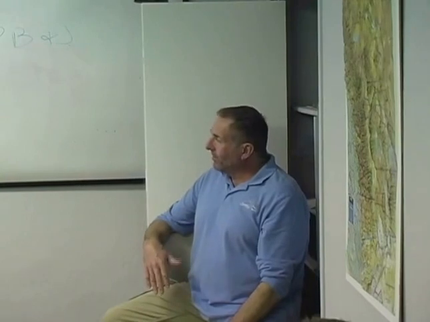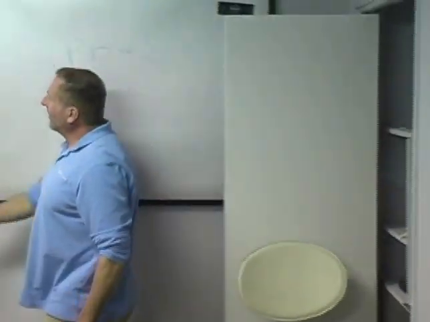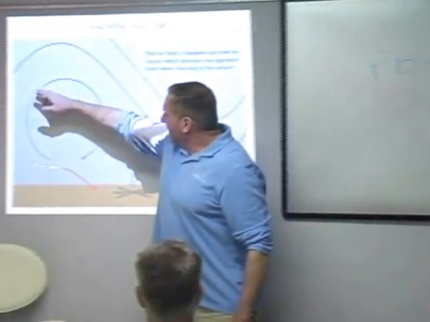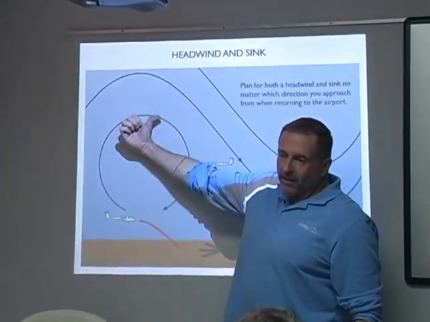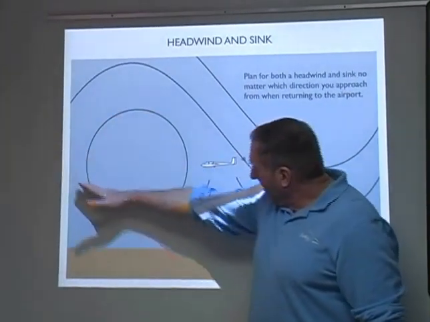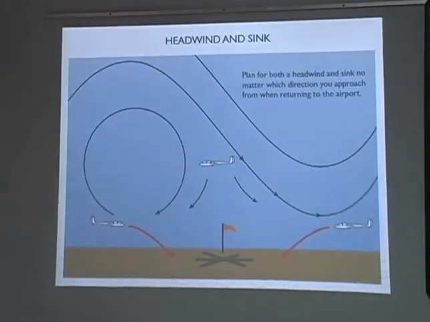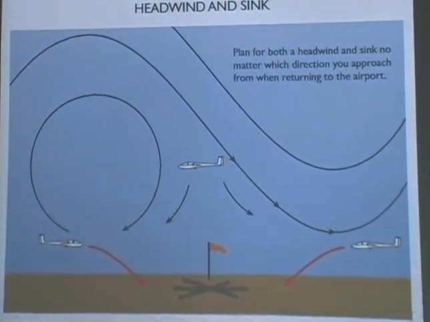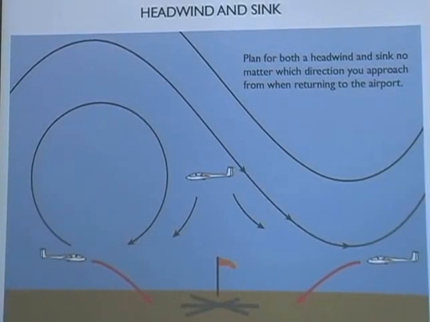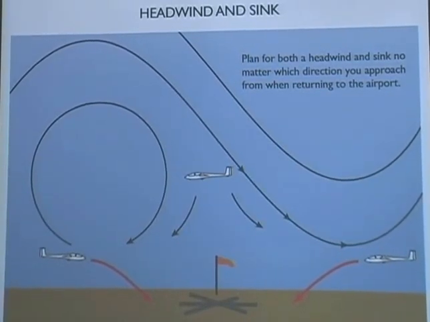Don't expect that you're going to be able to... you may be coming in here where the glide computer says, oh, you've got a great tailwind. You're going to get there with tons of altitude. And then as you get lower, oh, you've got a great headwind. You're not going to make it. So, most of the glide slope management stuff is pretty useless in a wave. You've just got to fly at what you know is there.